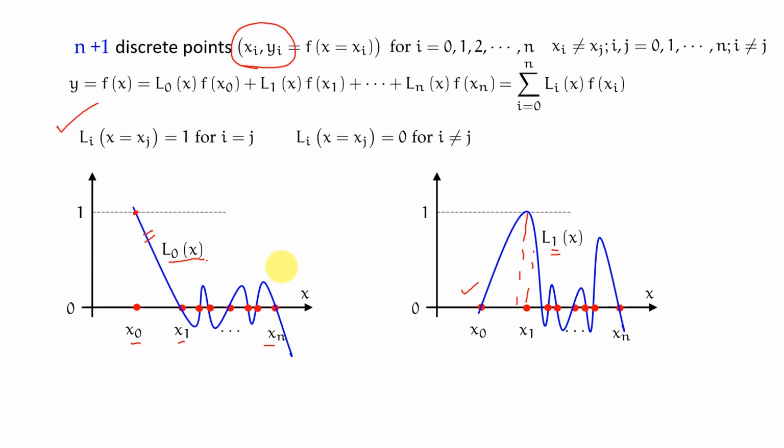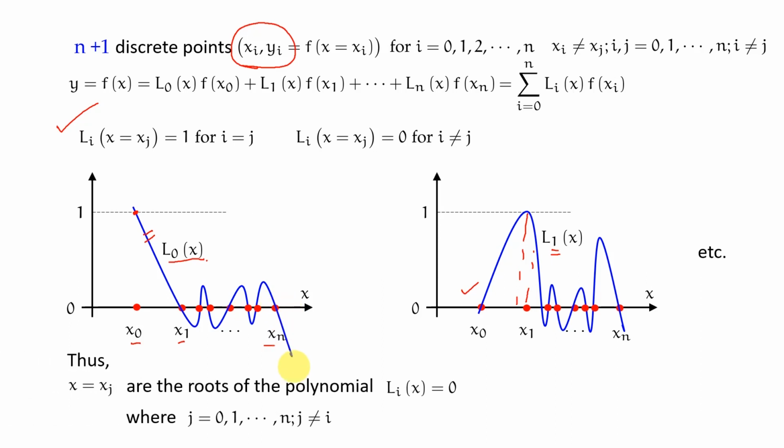If this is the nature of this basis function, how can I write that? So these basis functions have their roots. For instance, L0(x) has its root at x1, x2, x3, etc. So for any function Li(x), it has the roots at xj for j equals 0 to n and j not equal to i.